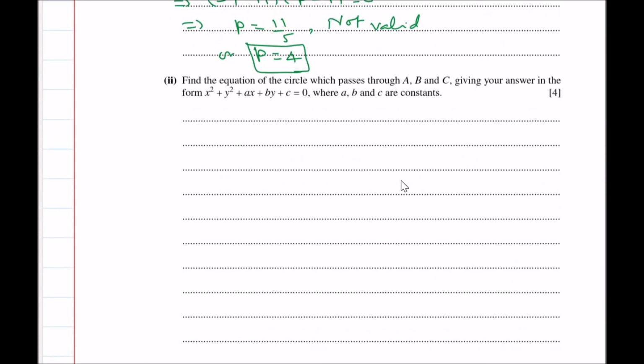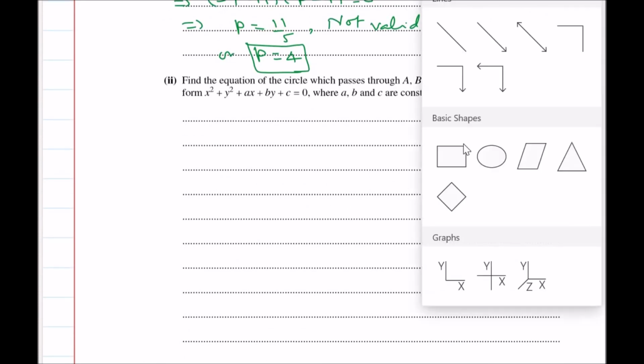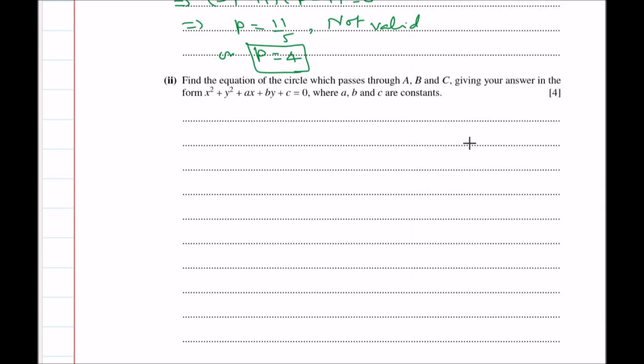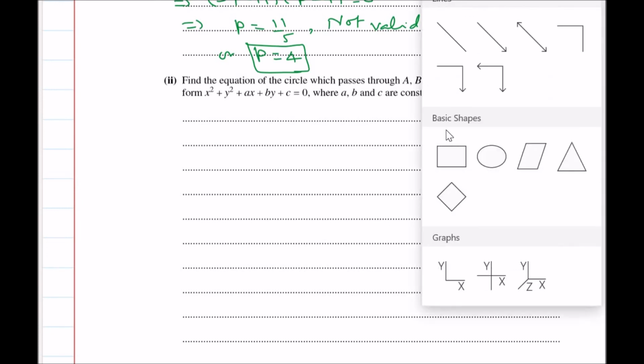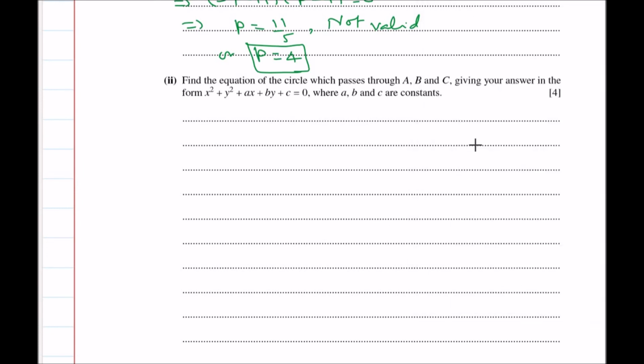Let me draw a circle. Okay. We have a circle here. It says AC is perpendicular to BC and A, B, C are on the circle.